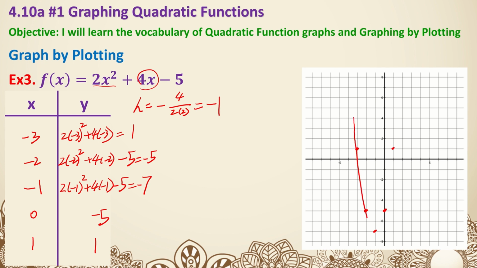There's our parabola. You can see it looks a little bit narrower compared to the previous ones, but it looks very similar to the second one, just in a different location. So there you go. That's example 3. We're of course going to learn more ways to graph quadratic functions. This is just the most basic way, is graph by plotting.